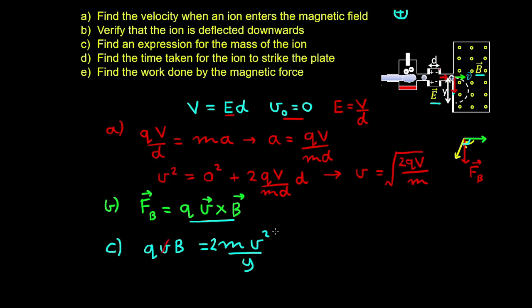And therefore one of these velocities cancels, and we can write this as the mass is equal to qBy on 2 times the velocity. So if we substitute for the velocity from part A, we get the square root of 2qV on m.